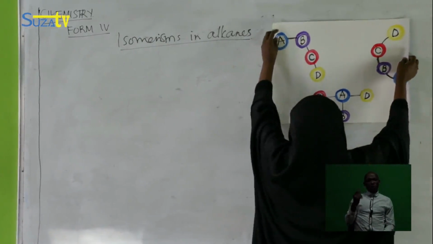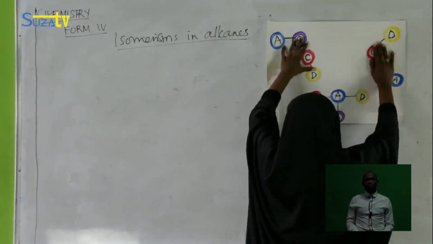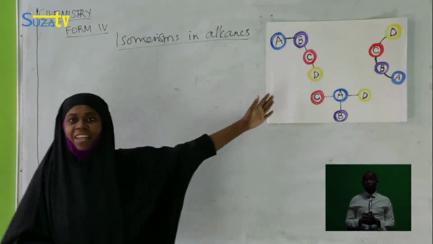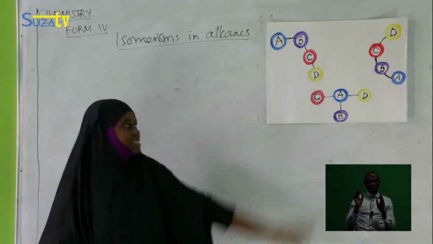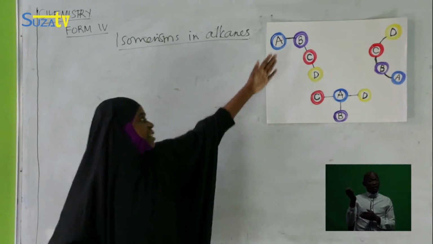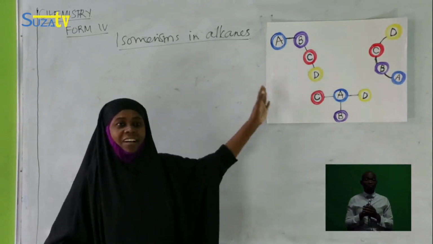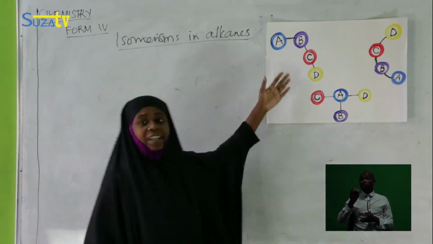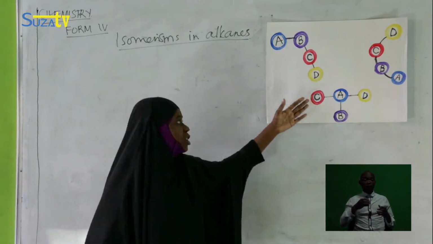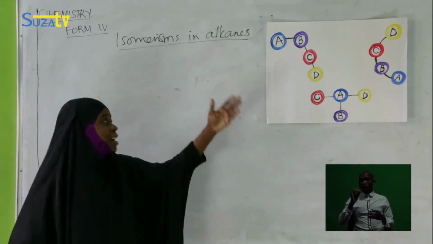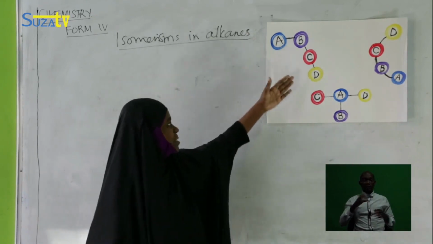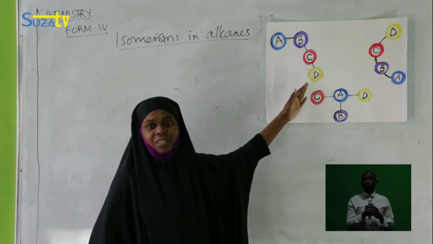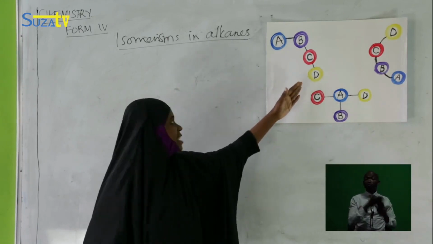Look at this. Observe these carefully. These are models of organic compounds. I want you to observe how many atoms are in each of these compounds. Let us start.